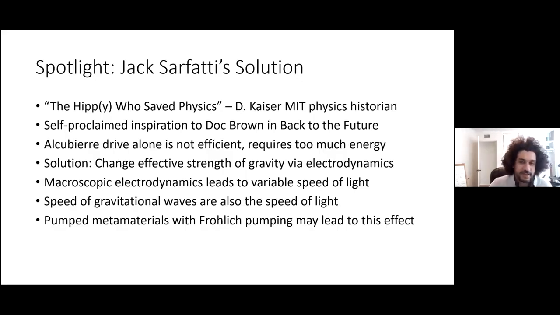So when we say the speed of light, it's technically a misnomer. It's really the speed of massless particles, which includes light and includes gravitons, which is gravitational waves, right? So if we affect the speed of light, we have to keep in mind that for macroscopic general relativity, that is going to affect gravitational waves as well, right?